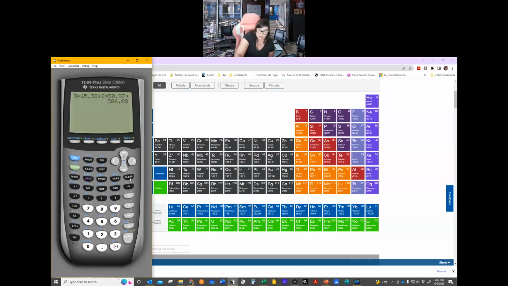All right, but I'm going to leave that as grams. Now, if I want to know each component, if I want to do the percent zinc, then that's going to be equal to the number of zincs that I have, 3 moles, times the molecular weight of that, which is 65.38 grams per mole. And I'm going to divide that by 386.1 grams per mole, and then multiply that by 100 to get that percentage.